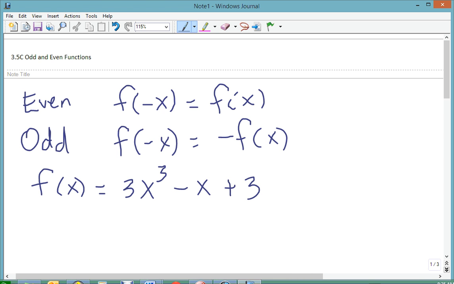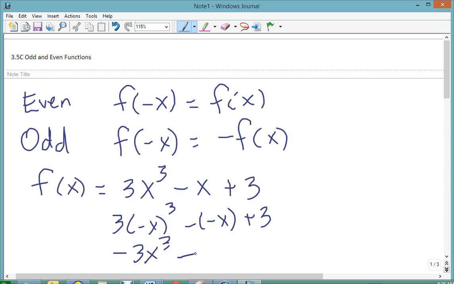When I plug in a negative x, this has a negative, and it's to an odd power, so that would be a negative 3x cubed.